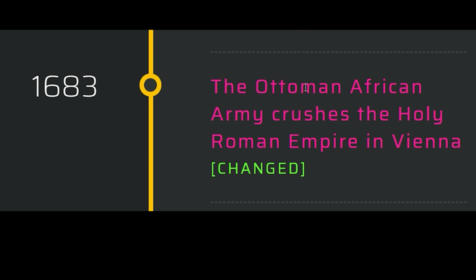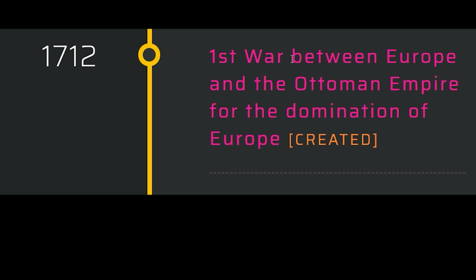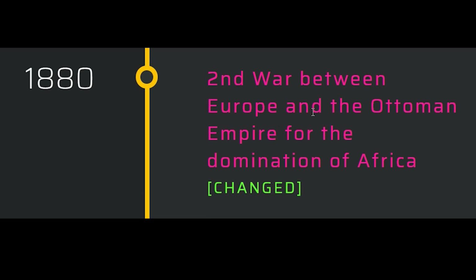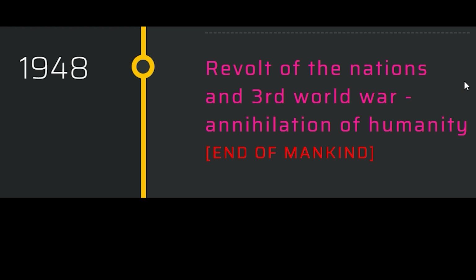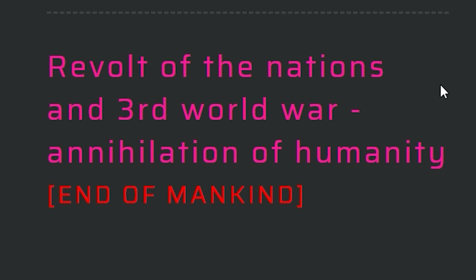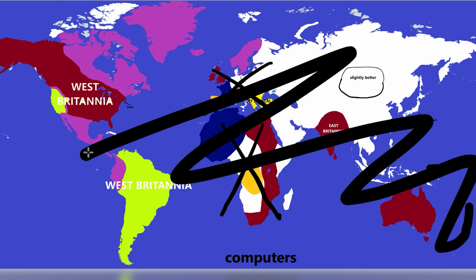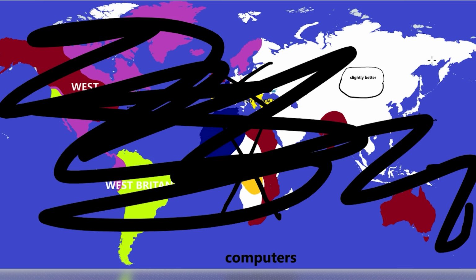Ottoman African army crushes. Oh no, the HRE in Vienna? We have conflicts between Europe and the Ottomans. In 1880, there's another one. This time they battled over Africa. Wait a second. Okay, so this happened. Oh my goodness, we ended mankind. That just ended all of mankind. Everything, it's over in 1948. I guess that's kind of a perfect ending for just a chaotic mess of a world.